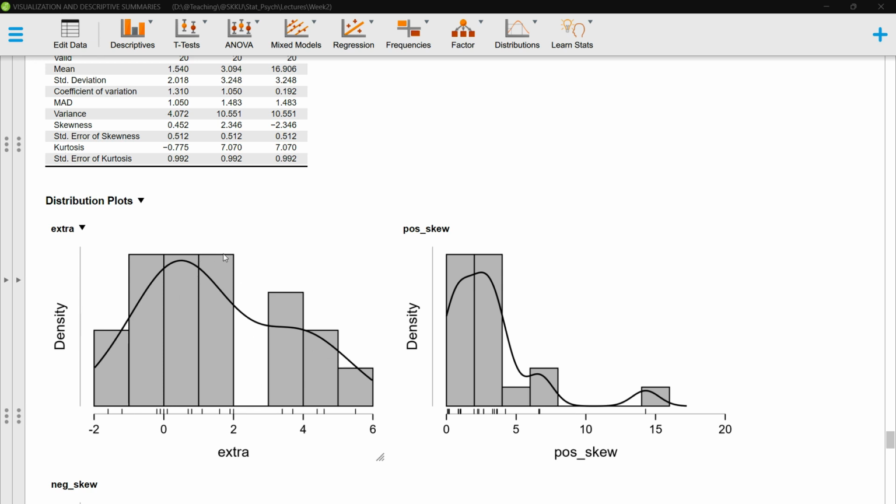Kurtosis of 0 means that the tailedness is about the same as the normal distribution. In this case, we have a negative kurtosis value, so it has a shorter tail than the normal distribution.